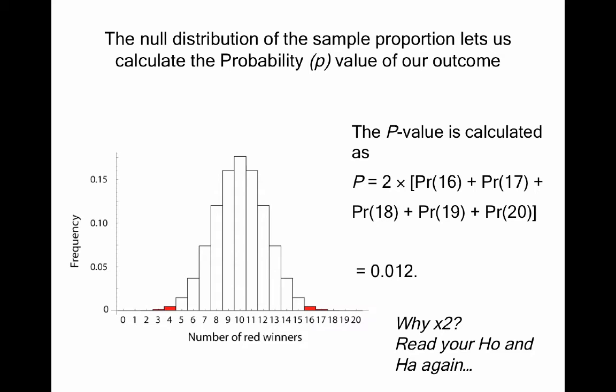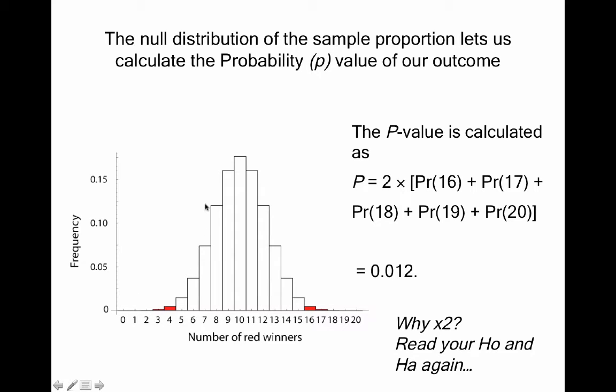So what we can do here is we can look at the distribution we would get for the number of red winners, assuming that the null hypothesis is true and there's no difference in red and blue winners. So this histogram that you see right here actually is showing you the distribution we would get. Here we go.